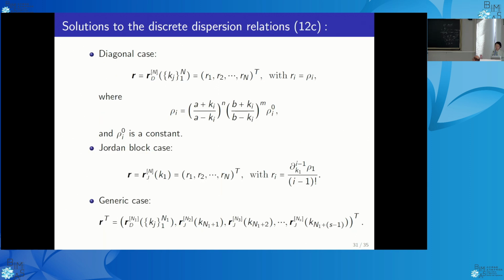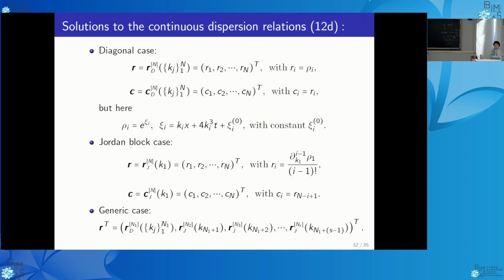And for the dispersion relations, in the diagonal case, Ri is similar to the one we saw in the ABS lattice. But in fact, it's different because here, small k carries the information of the elliptic curve. Okay, these are the solutions for the continuous dispersion relation.